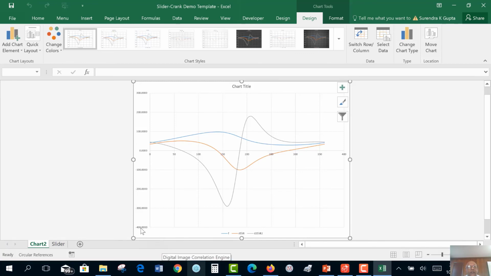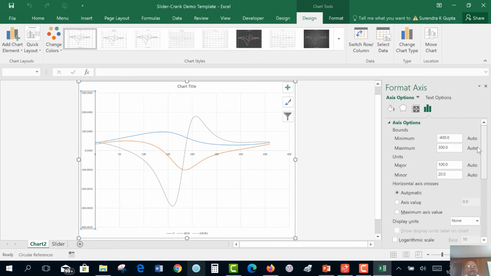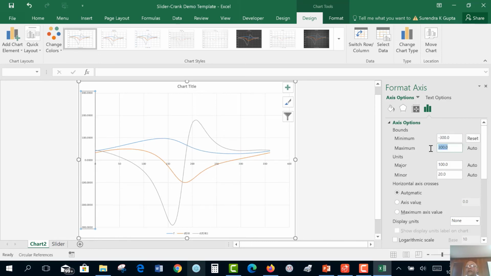And as before, let's adjust our angles, format axes. Of course, this doesn't go beyond 200, minus 300 to 200. So let's make it minus 300 to 200.